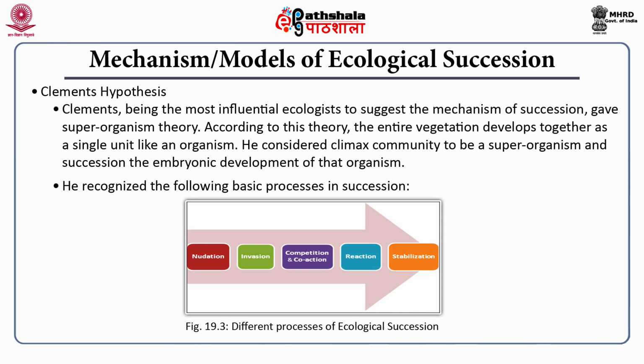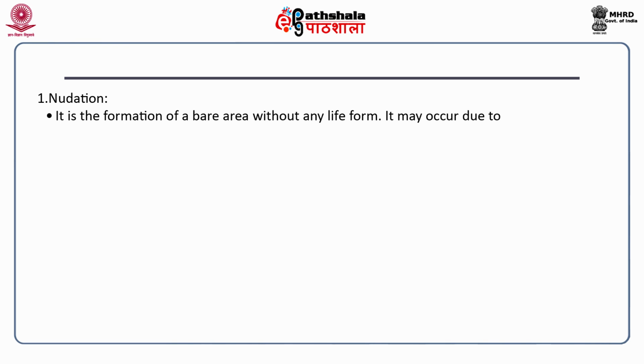This figure shows the different processes recognized by Clements for ecological succession, and these processes start from nudation, then invasion, then competition and coaction, then reaction, and then stabilization. Let me discuss these processes one by one. Nudation. It is the formation of a bare area without any life form.